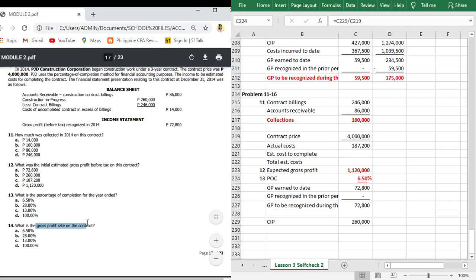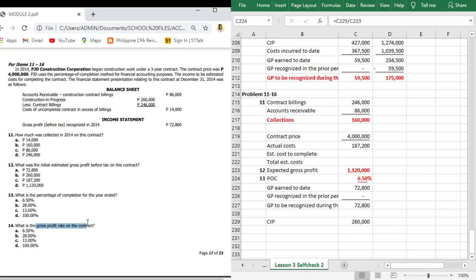Okay, gross profit rate. When you say gross profit rate, di ba, that is the gross profit divided by the selling price. So, giyon sa ng gross profit, selling price minus cost. So, unsa kay gross profit rate ating contract?